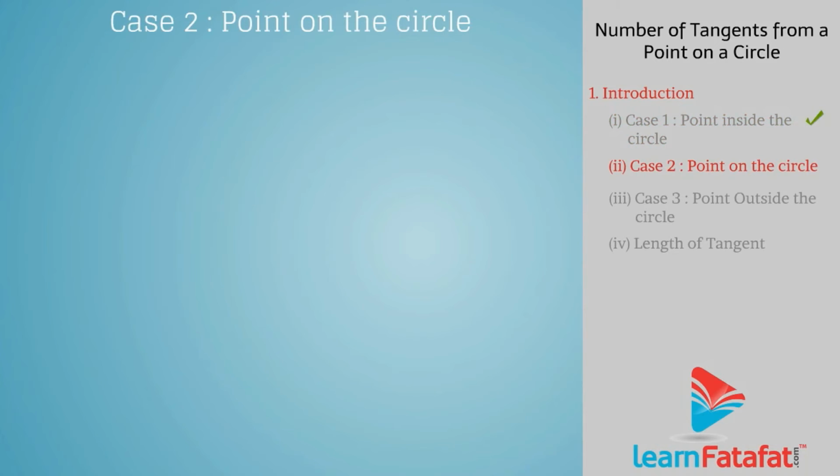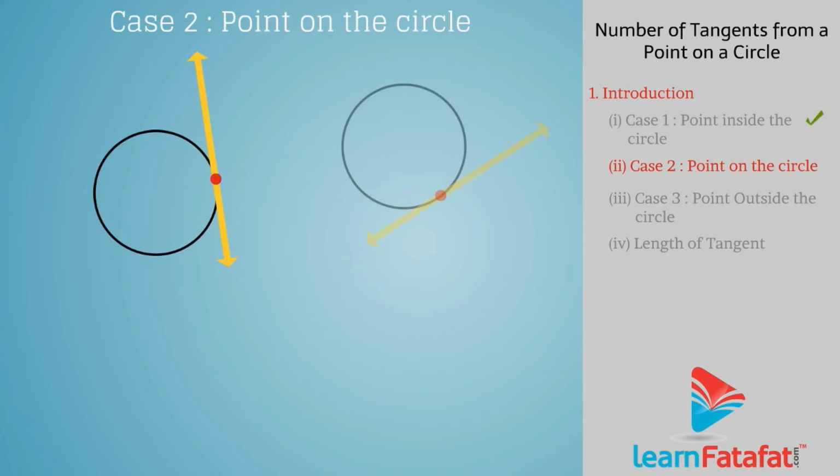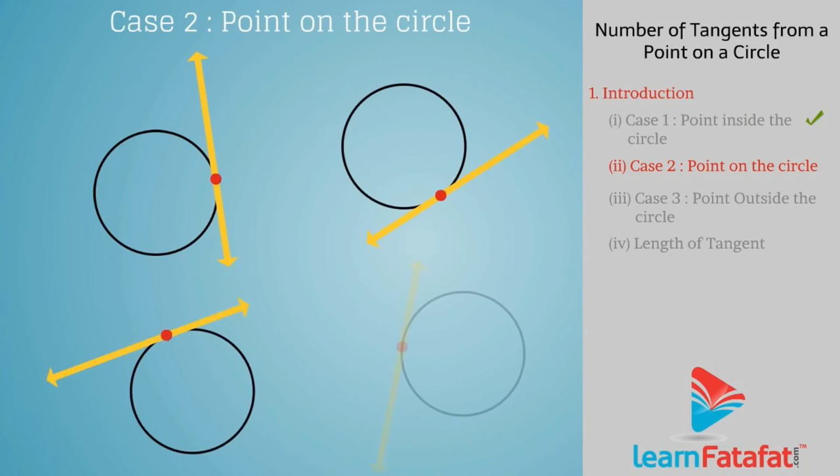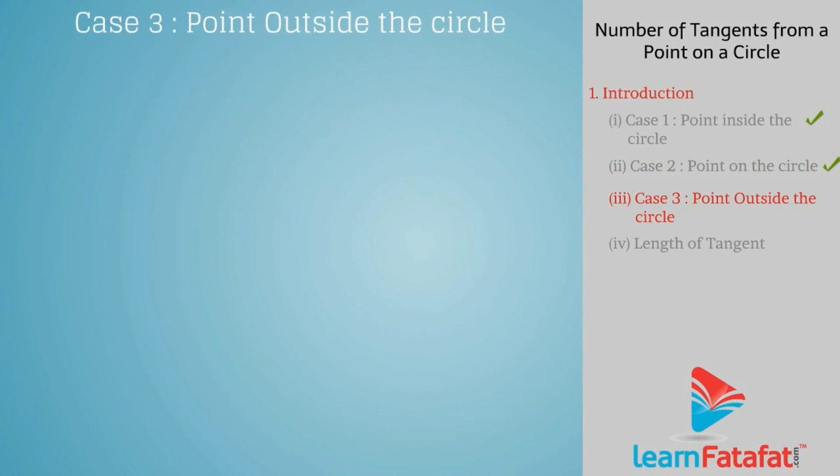Case 2. Point on the circle. A point on the circle allows one tangent to pass through it. Thus, we can say that there is one and only one tangent that can be drawn through a point on the circle. Case 3. Point outside the circle.